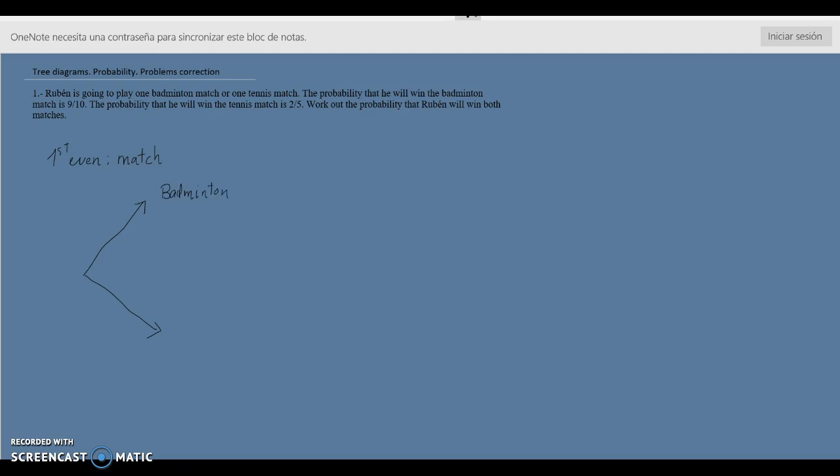And at the end of the second branch, we put tennis. We don't read any probability of playing any match. So if we don't have the probabilities here, we suppose that it's 0.5 and 0.5. So he has equal probability of playing any match.